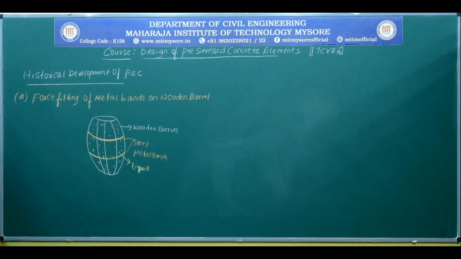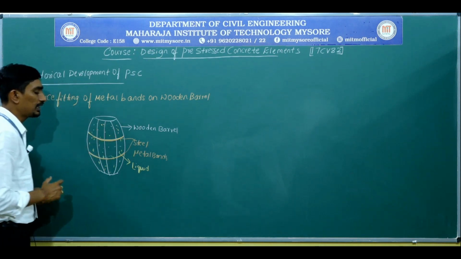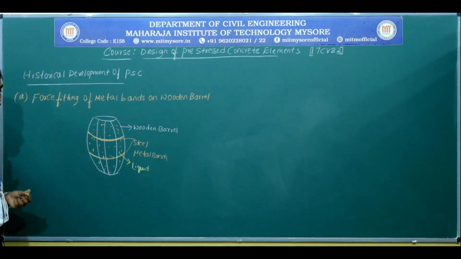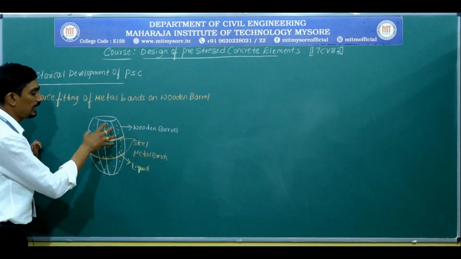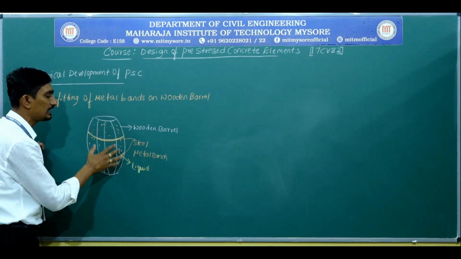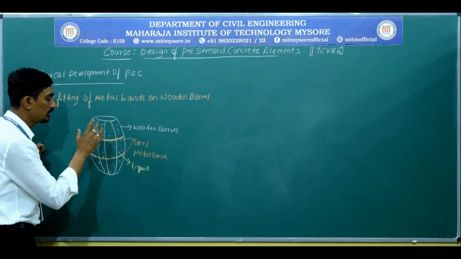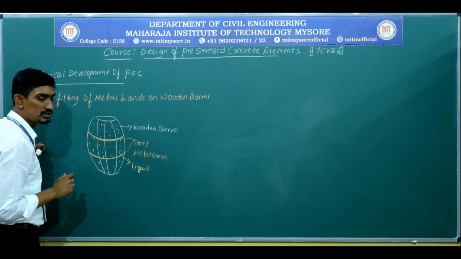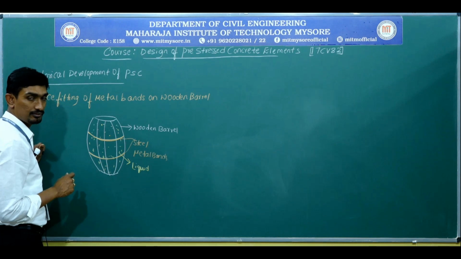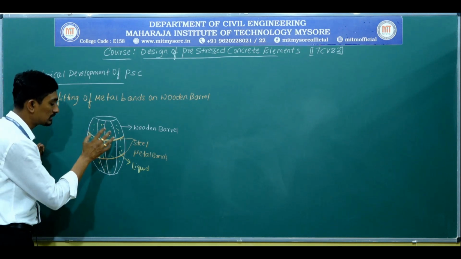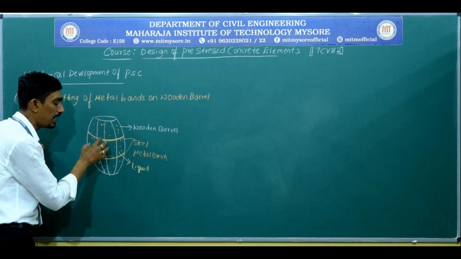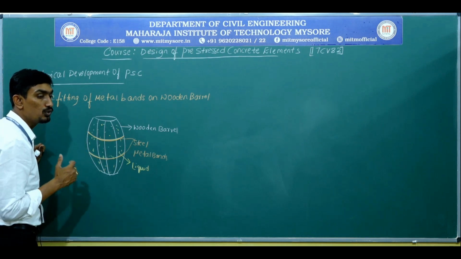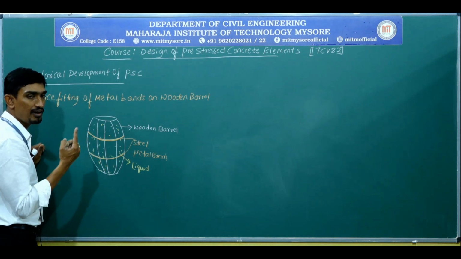Okay. So now, how has this PSC concept evolved from this particular example? Let us see that. See, whatever liquid is stored inside this barrel will try to induce or impose tensile stresses. Did you get my point? So this liquid stored inside the barrel will try to induce tensile stresses in terms of hoop tension, because it is in a circular fashion.